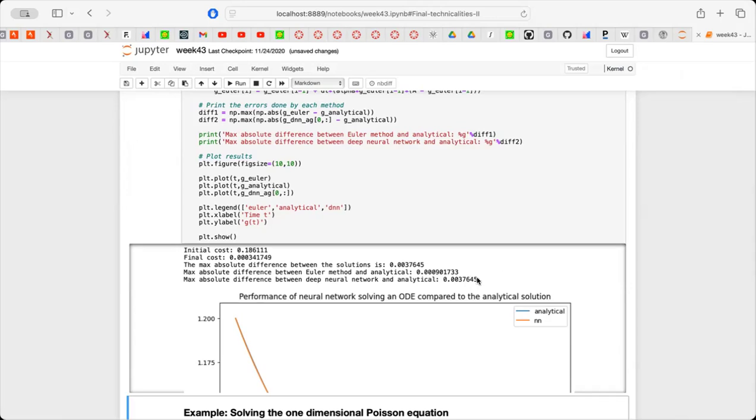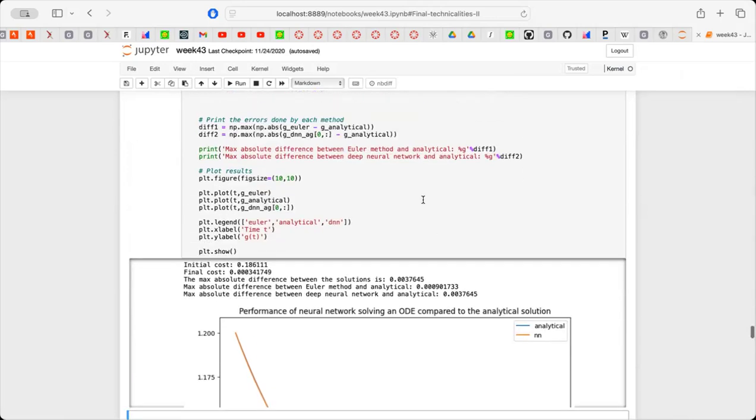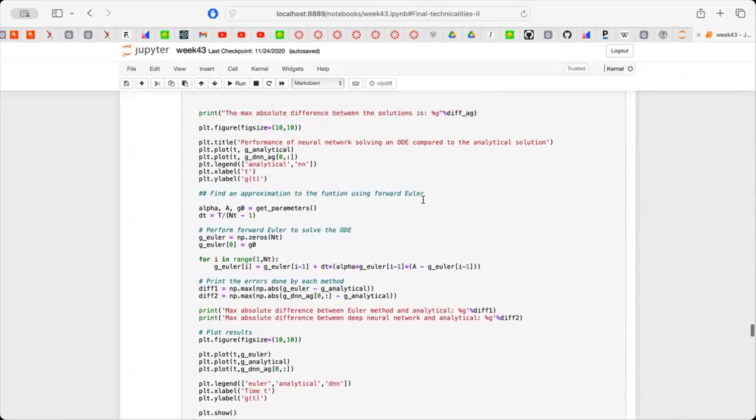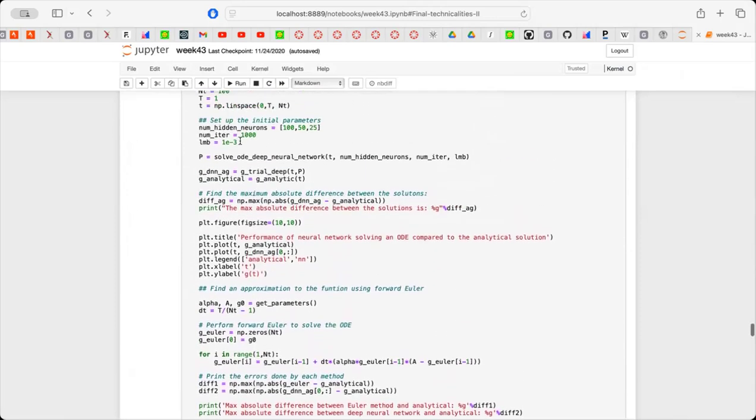When we increase the number of integration points, you see now that the difference between the analytical solution and Euler's method is shrinking, whereas the neural network stays more or less at the same value as we had before. So if I now want to change things here, I would have to rethink and train the values for the learning rates.